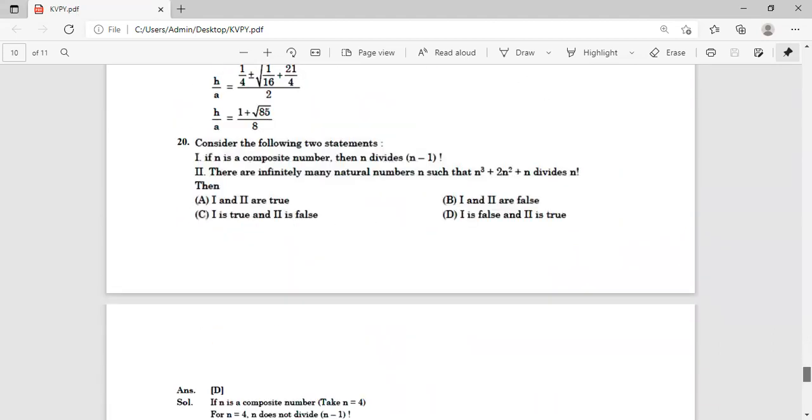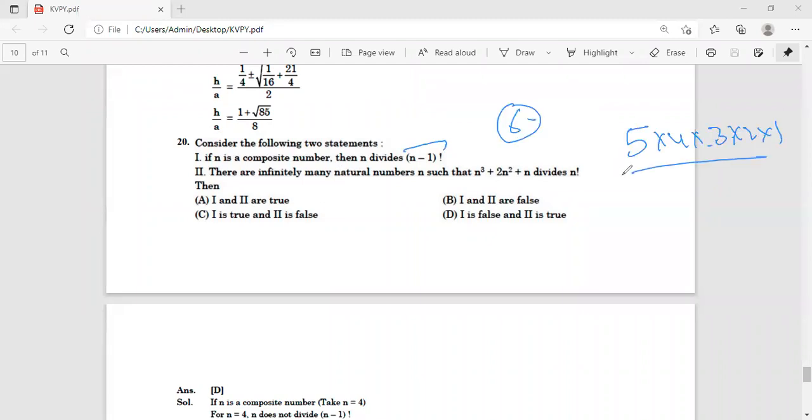So last one. If n is a composite number, then n divides n minus 1 factorial. See, n minus 1 factorial, suppose you take any composite number, let us say 6. So 5 factorial is 5, 4, 3, 2, 1. So 3 into 2 gives 6; 6 is a composite number, so its factors will come here and it will divide.